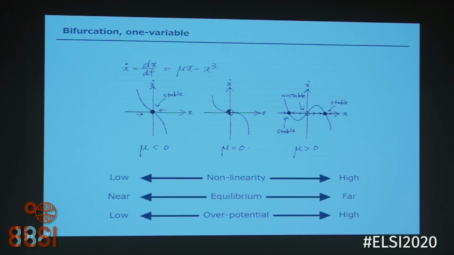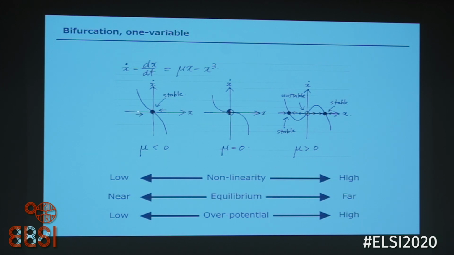So here, let's consider the system which can be described by this simple differential equation. x dot, the time differentiation of x, is described like this. When the parameter mu is negative, there is one stationary state where x dot equals 0, so no time dependent state, right?